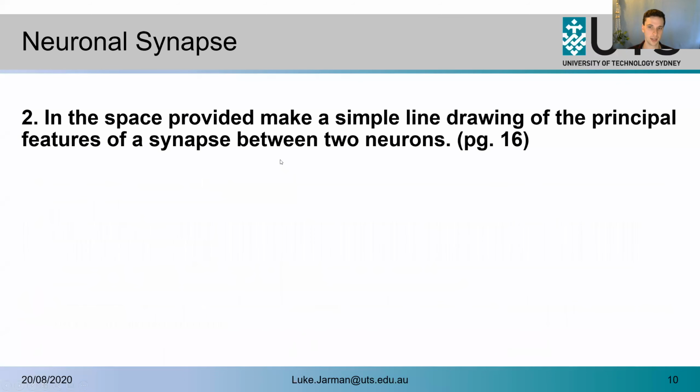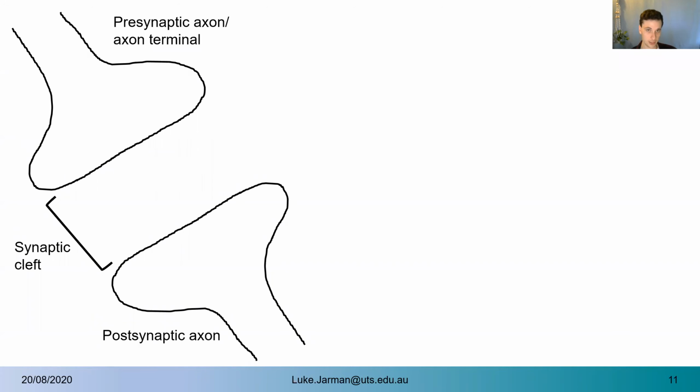And we're actually going to get a little bit more into this now. I don't have the original diagram, but what we would then get students to do is draw a line drawing of a synapse. I have done one myself.